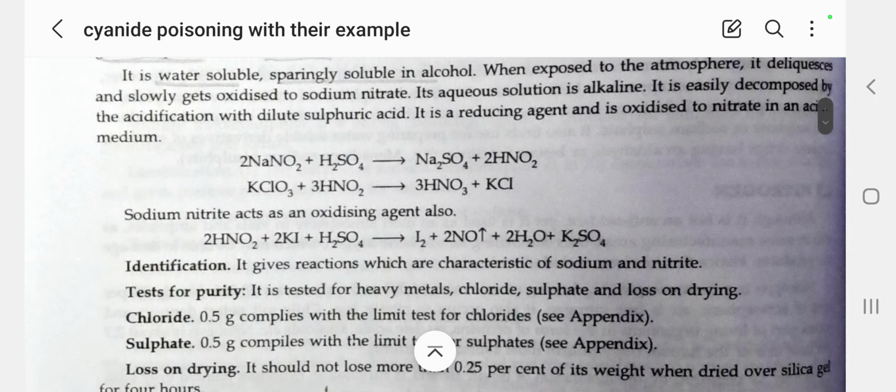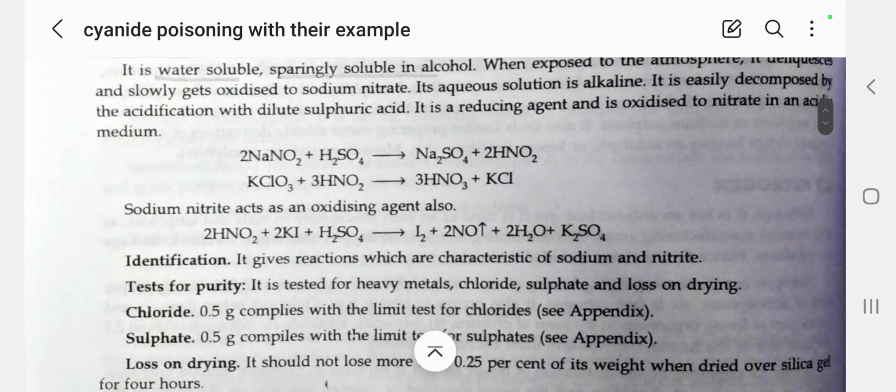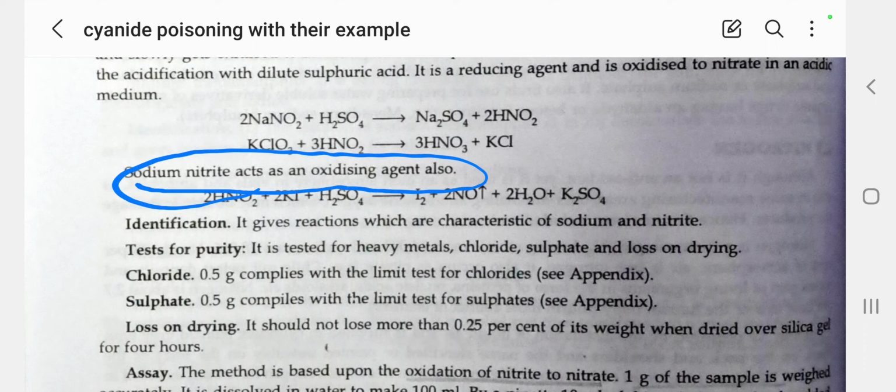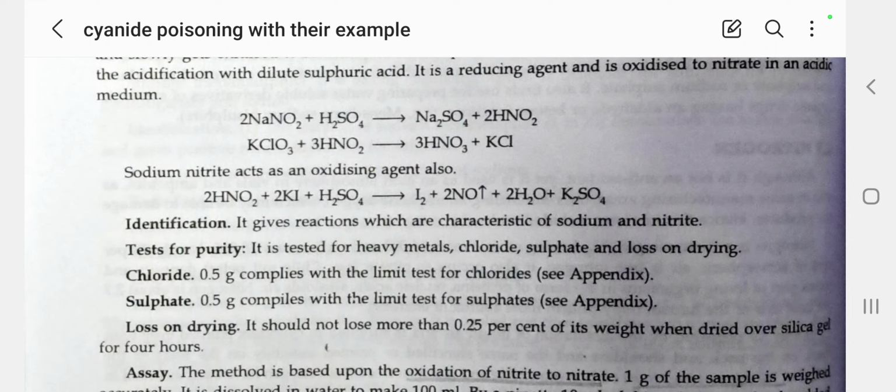Next, when it is treated with potassium chlorate and nitrous acid, it is converted to nitrate with removal of potassium chlorate, so sodium nitrite majorly acts as a reducing agent.